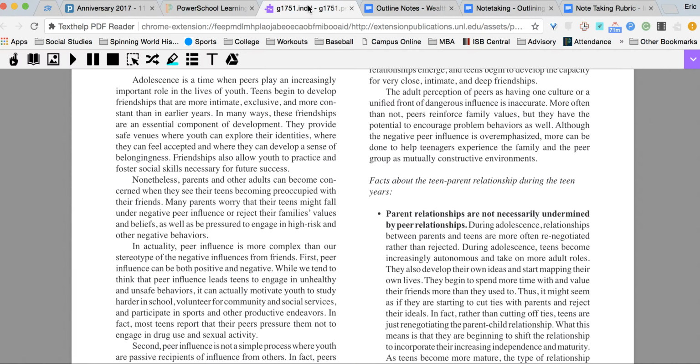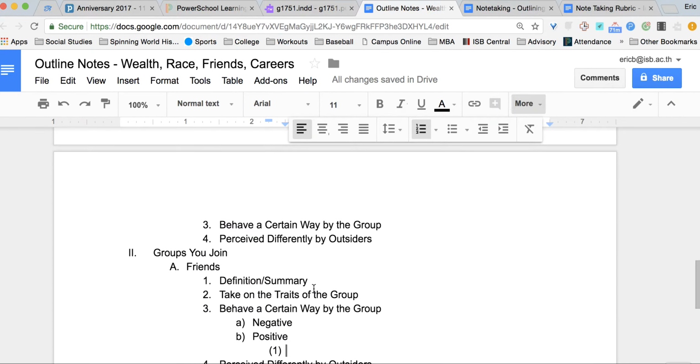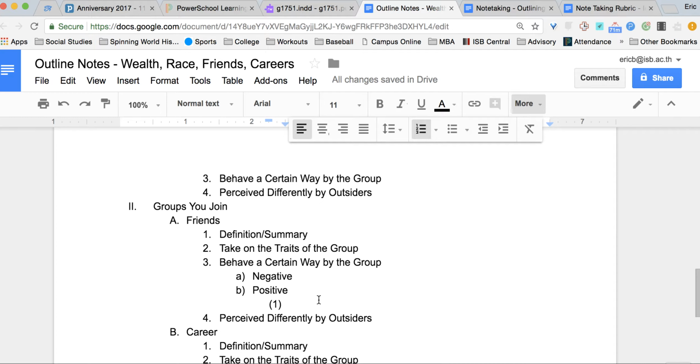Now, I've got a couple choices here. I could take this entire thing and list it, but this is really long, and I actually want to break apart the 3 items they have. The items were unhealthy and unsafe behaviors, motivate youth to study harder, volunteer for community service, participate in sports. Okay, let's see if I can remember them. One was positive, get involved in activities.